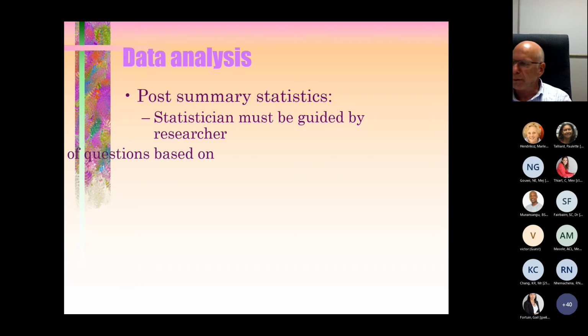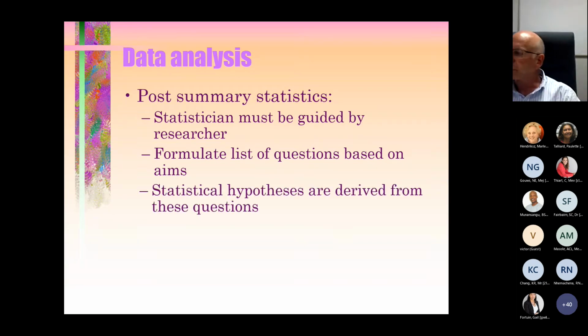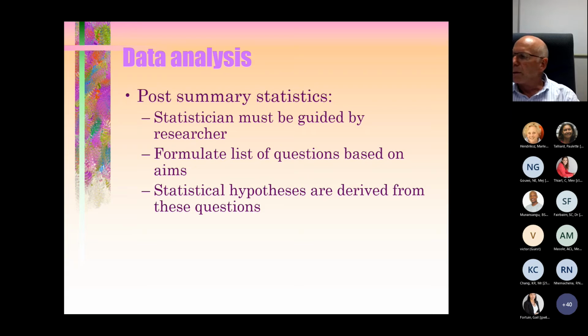So you typically formulate a list of questions based on your objectives, and from these questions the statistical hypotheses are derived, and that is where we play an important role, in indicating, based on the questions that you're asking, what the hypotheses are and what statistical methods are most appropriate.